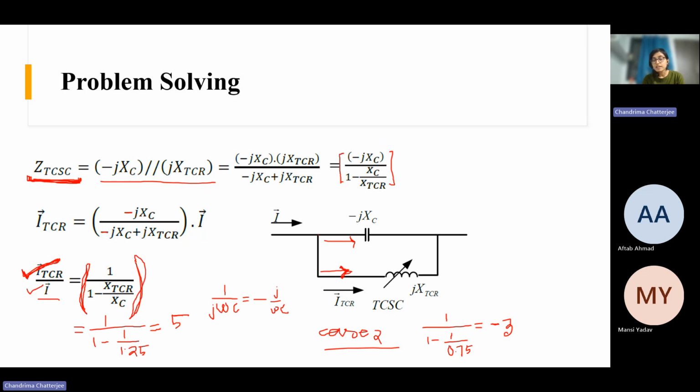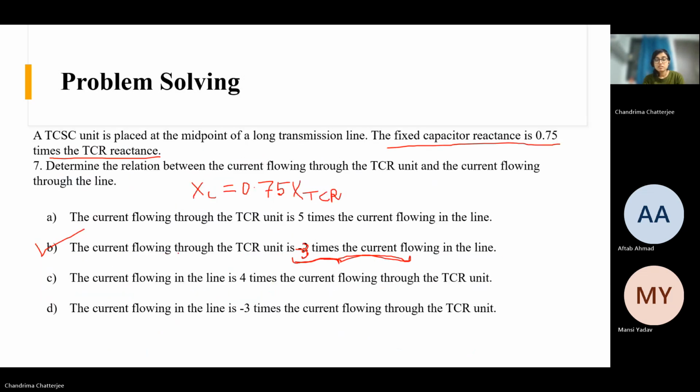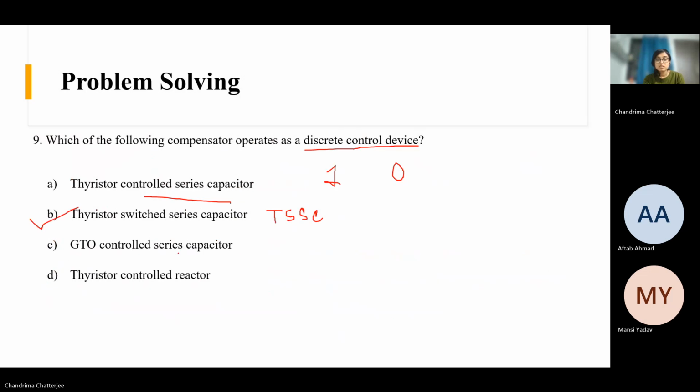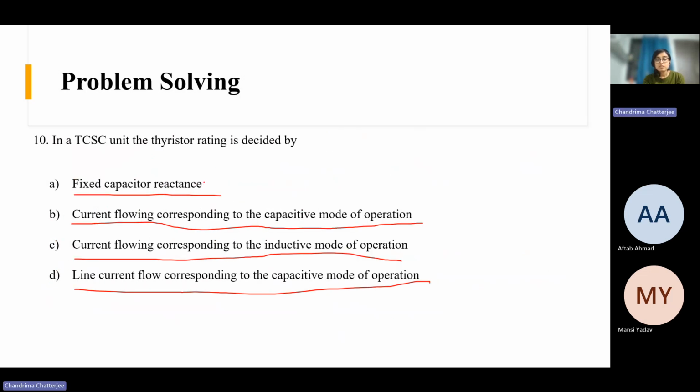So the current carrying capability will be decided based on this inductive mode current. That's why the current flowing corresponding to the inductive mode of operation, this we consider while deciding the rating of the TCSC unit.